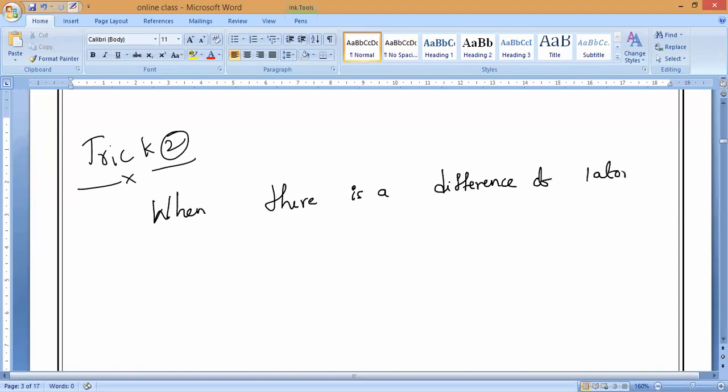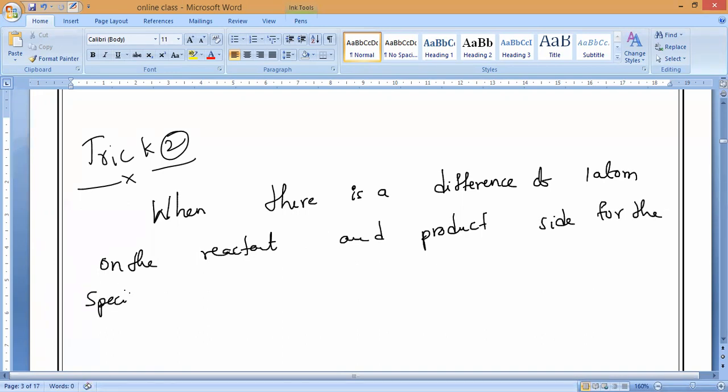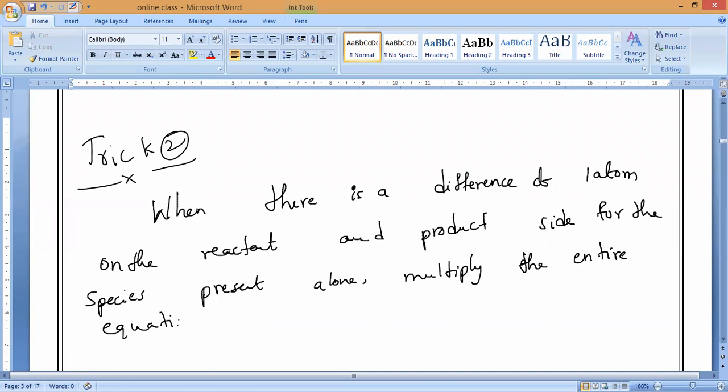when there is a difference of one atom between the reactant and product side, for the species present alone, multiply the entire equation except that particular species by 2. Which species is present alone?